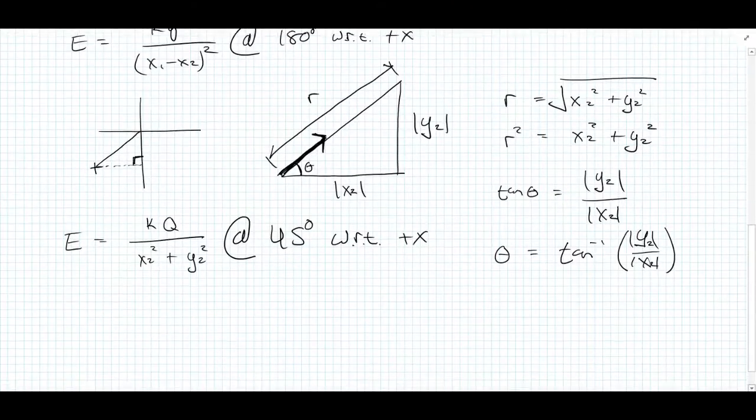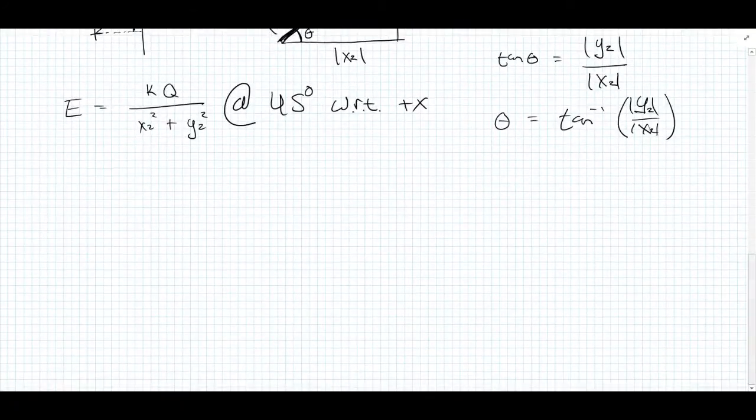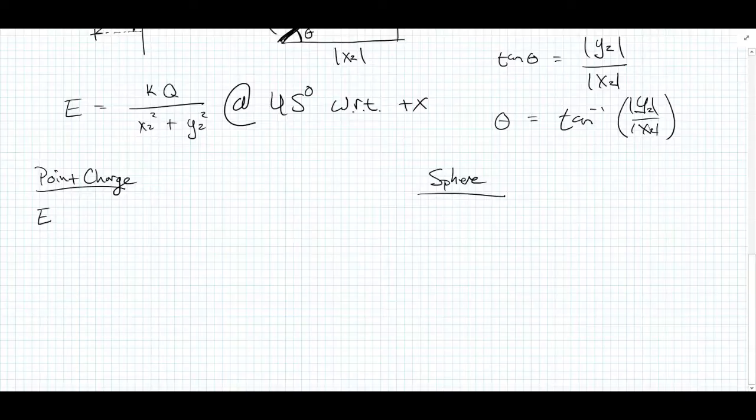So let me write out the components that we need to add. So this will be the field for the point charge, and then I'll put the field for the sphere over here. So the magnitude of the field for the point charge is kq over (x1 minus x2) squared.